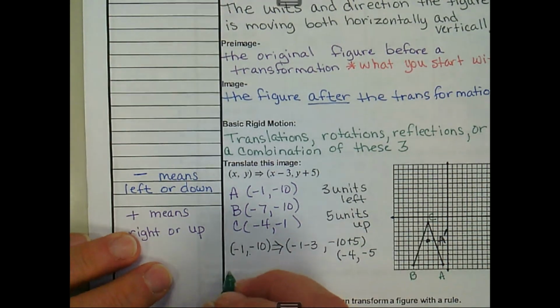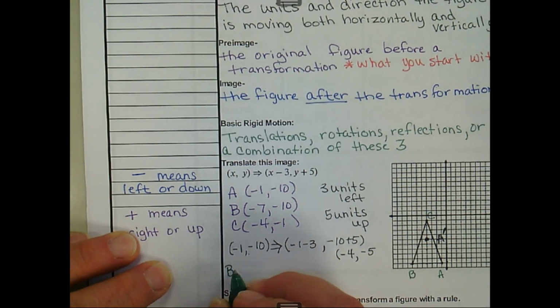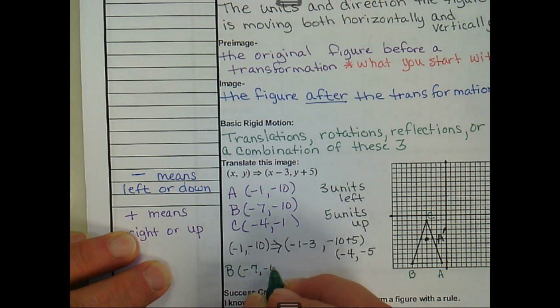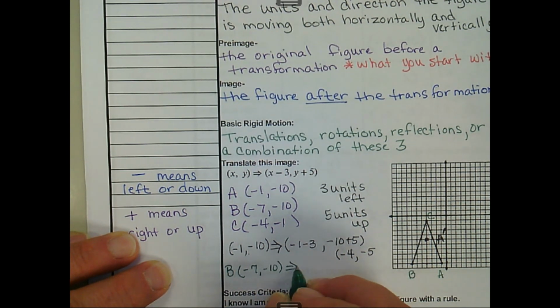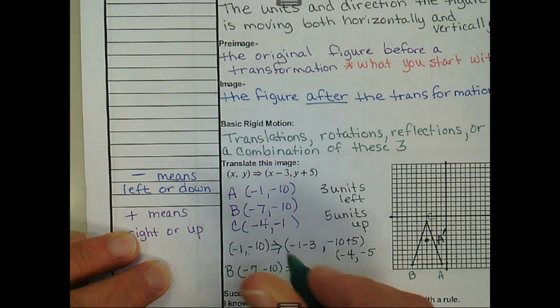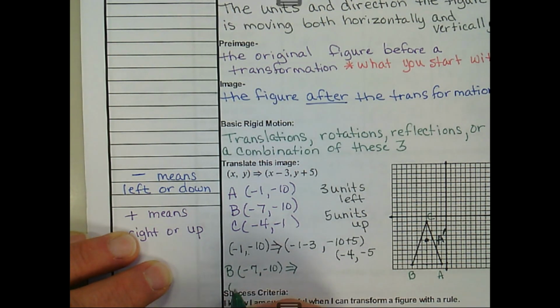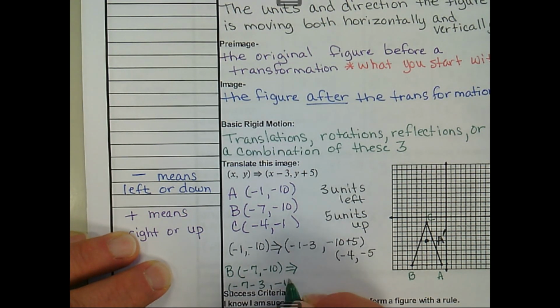So for B, okay, -7, -10 is mapped onto. -7 minus 3 more, and -10 plus 5.